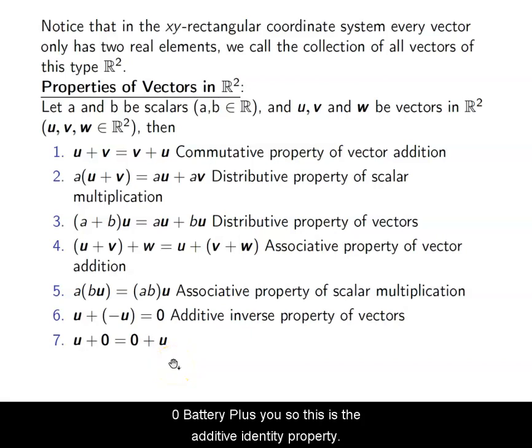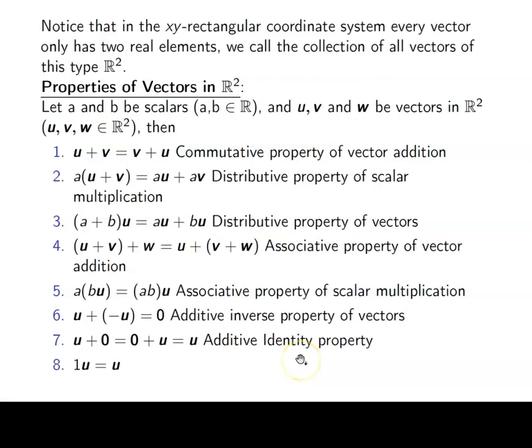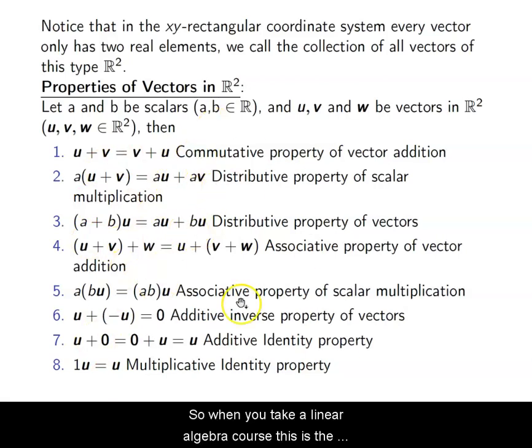So this is the additive identity property. And last is that if I multiply u by the scalar 1, I will get out u itself, which is the multiplicative identity property. Okay, so when you take a linear algebra course, this is the basis of what we study in linear algebra. This forms the foundation for everything, and it's a big deal.